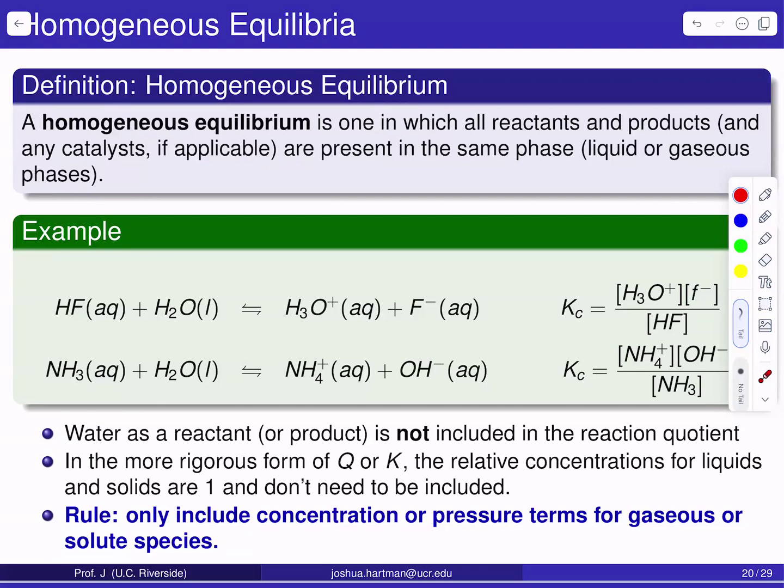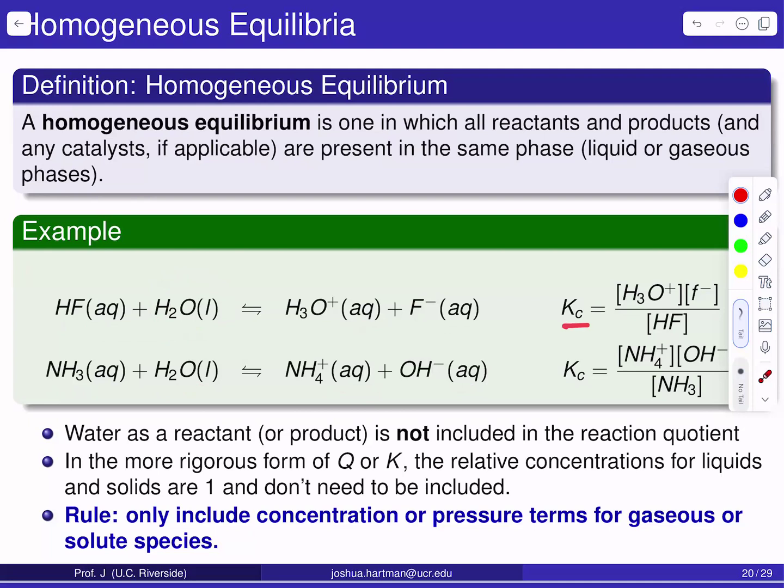So I want you to pay close attention to this slide here. In both of these cases, we have two reactions occurring in aqueous solution. So water is the medium, but the reactant species is reacting with that medium. Water is a reactant in both cases here.